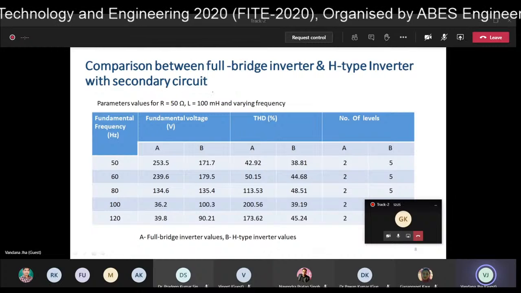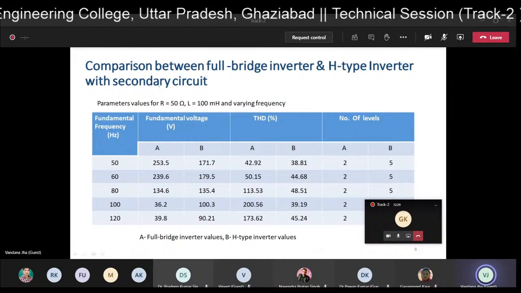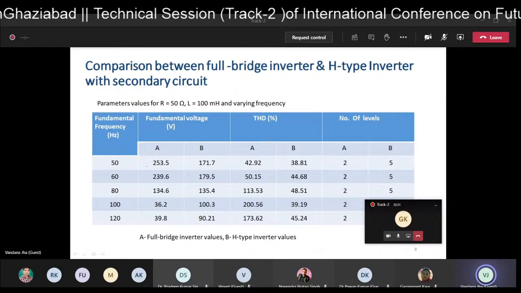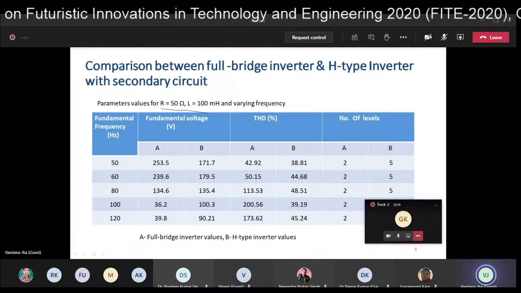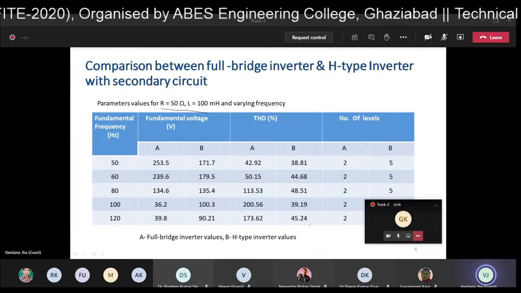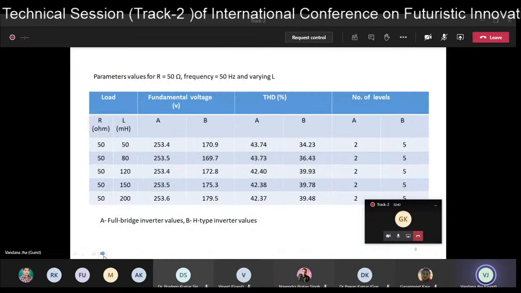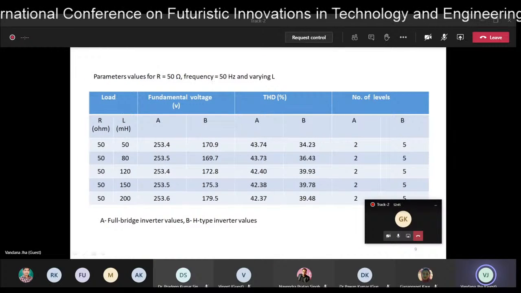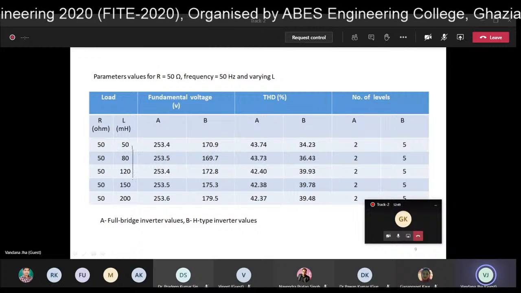Now here I have made a comparison between the full bridge inverter and H-type inverter with secondary circuit. As you can see here, again I have varied the frequency, I have kept the load constant, and again the value of the THD in the case of H-type inverter with secondary circuit is small compared to that of the full bridge inverter. And here again I have kept the load constant, and I have varied the value of inductance.